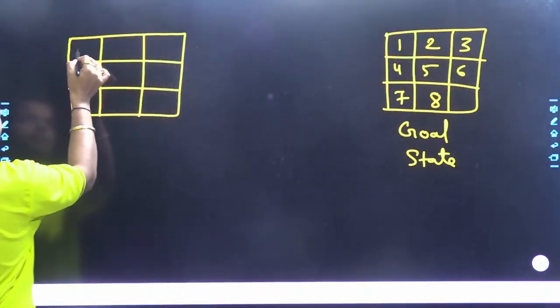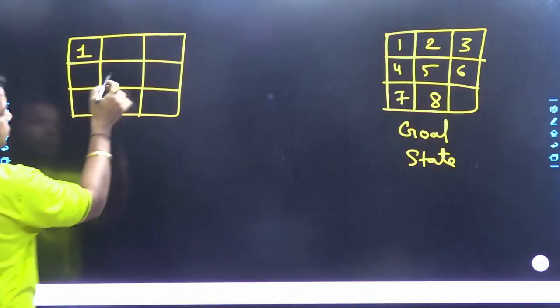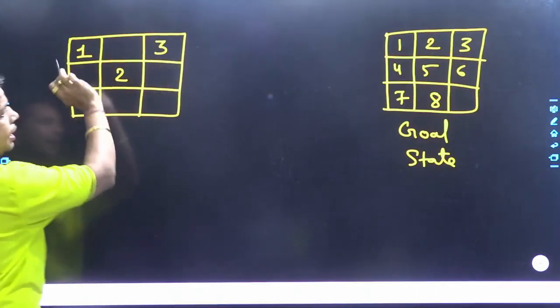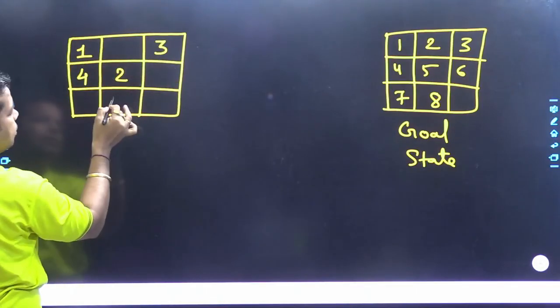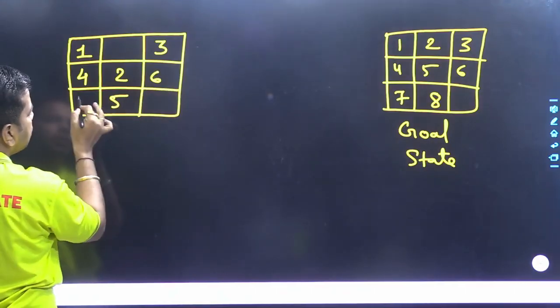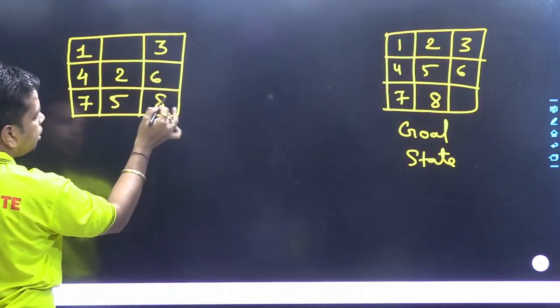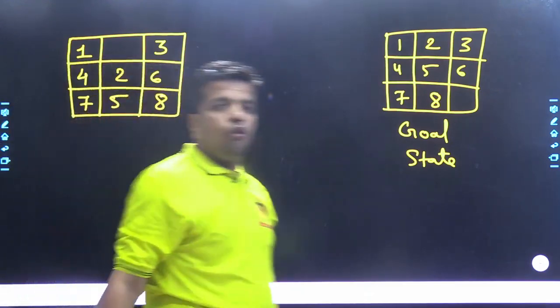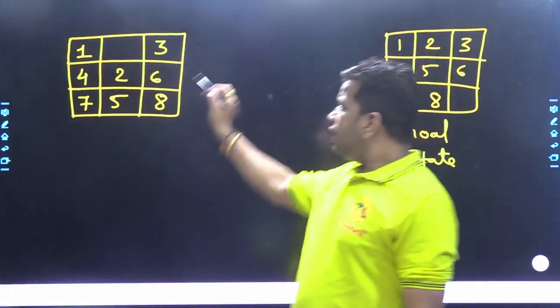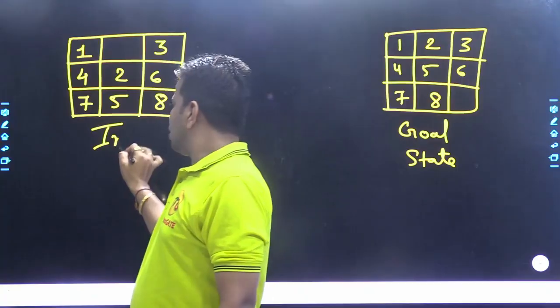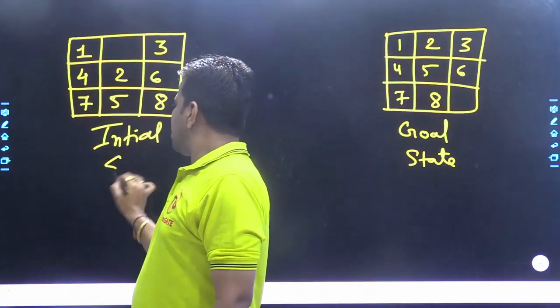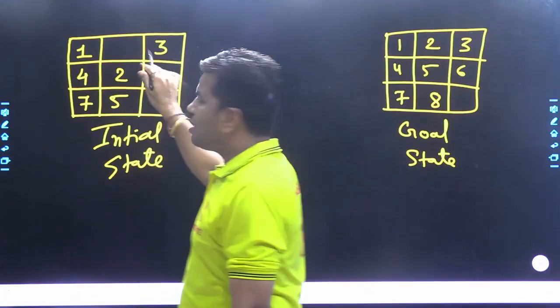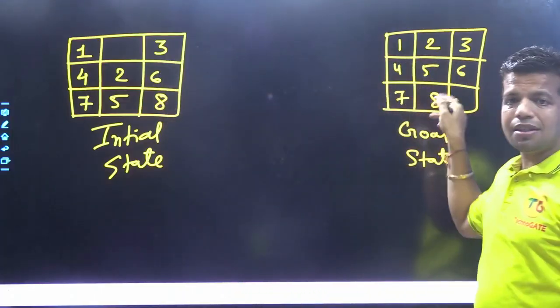Suppose the given tile looks like this. That is the initial state. So can we say that this is not a systematic arrangement? That would be the systematic arrangement.